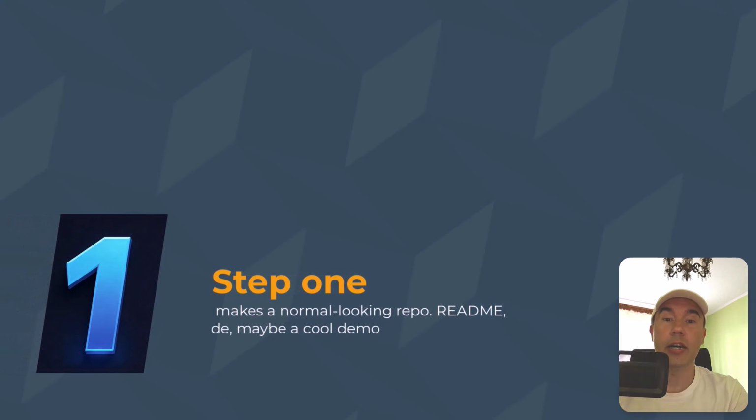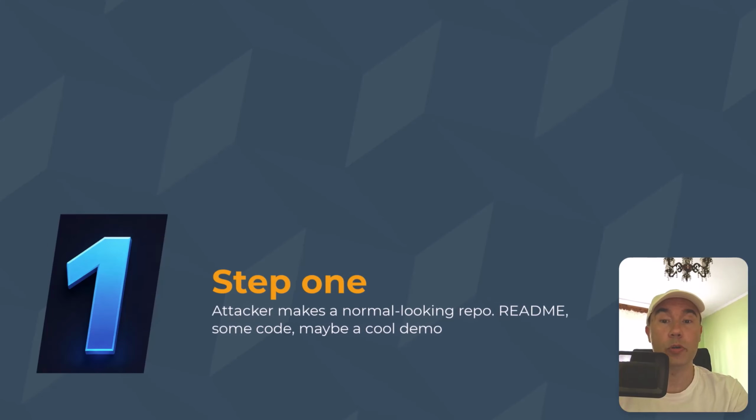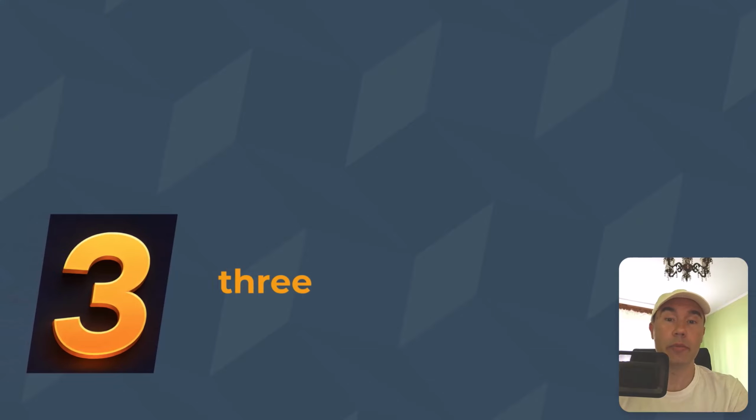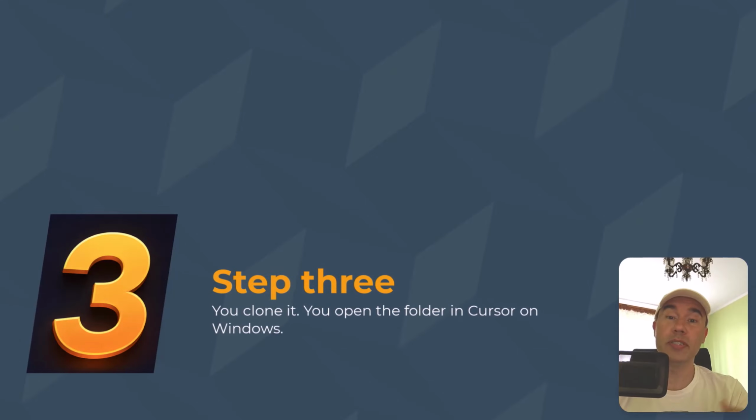Let's describe the process. Step 1. Attacker makes a normal looking repo. README, some code, maybe a cool demo. Step 2. They drop a malicious file called git.exe in the root. Same name Cursor looks for. Step 3. You clone it, you open the folder in Cursor on Windows.